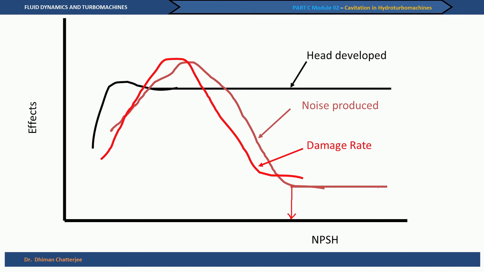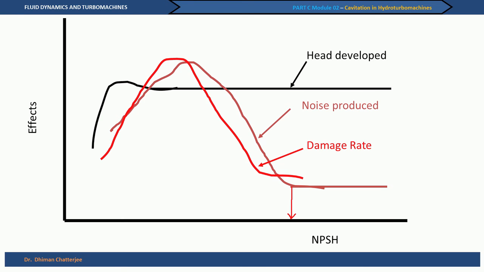It means that there is hardly any effect of cavitation, whereas to the left of this arrow we can see a significant change in the noise level, and that significant change in the noise level takes place because of the production of cavitation bubbles and the collapse of these cavitation bubbles.